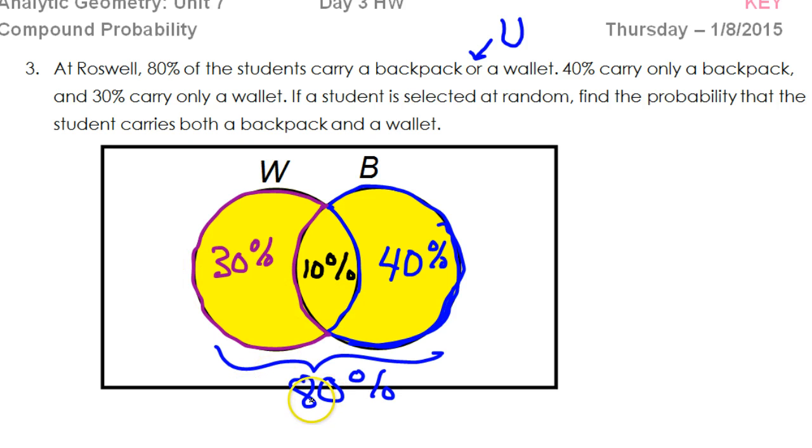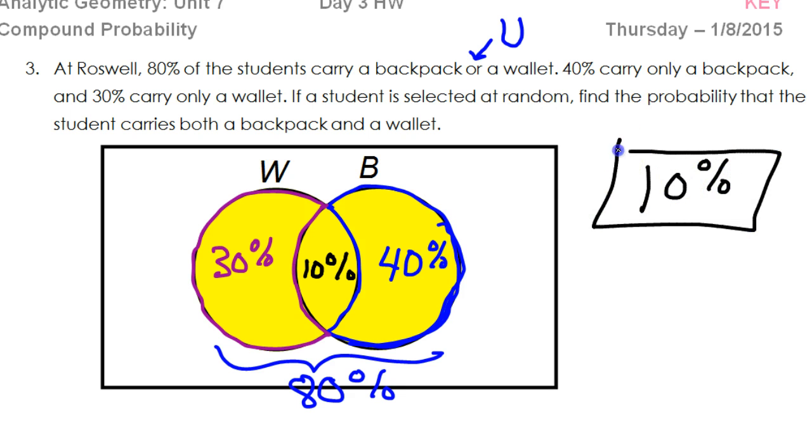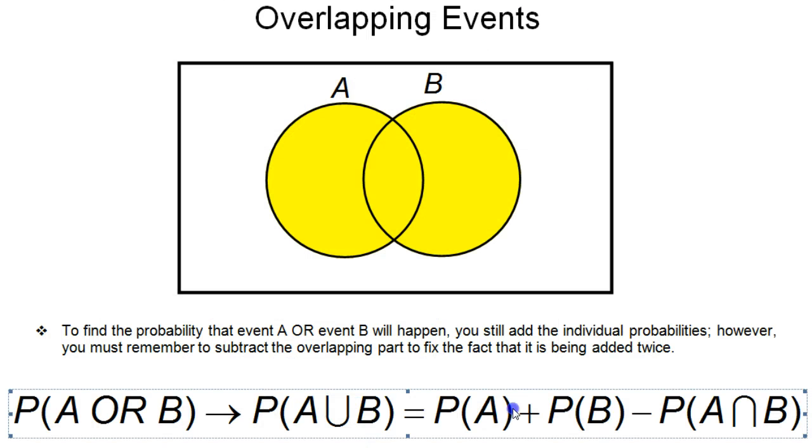It has to all add up to 80%. So that's it. Once you have the Venn diagram broken down like this, it's really quite easy. So the answer to the question is 10%. We didn't really have to go to the formula like I thought we were going to.